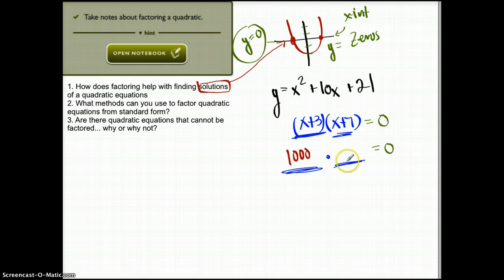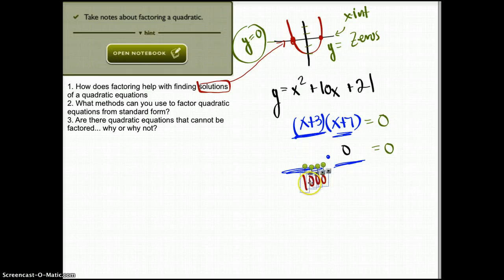What number is this to make this equation true? 1,000 times what will equal 0? 0. So no matter what this is, this number here must equal 0. Agreed? Agreed.